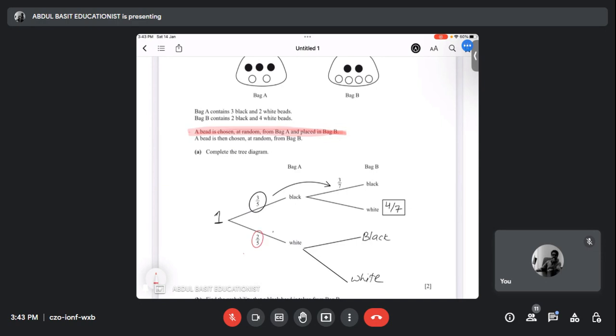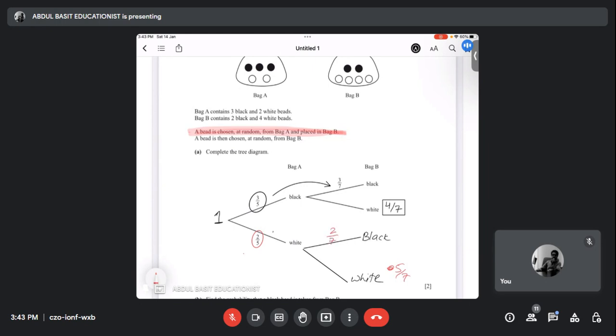Agree? Yes. Now you picked a ball and the ball is white, and you are keeping it in bag B. So it means that white increased to 5 out of 7. Yes or no? Yes. Okay, well done. So it means that black remains the same, so it would be 2 out of 7.